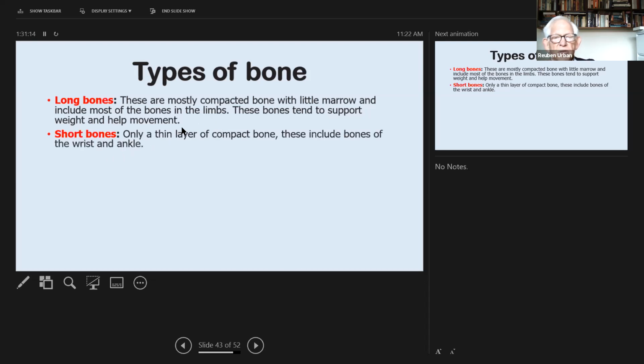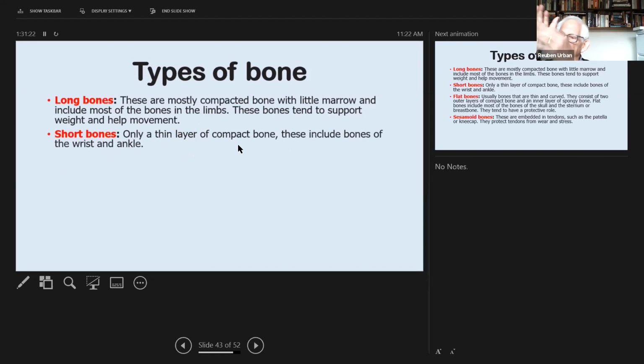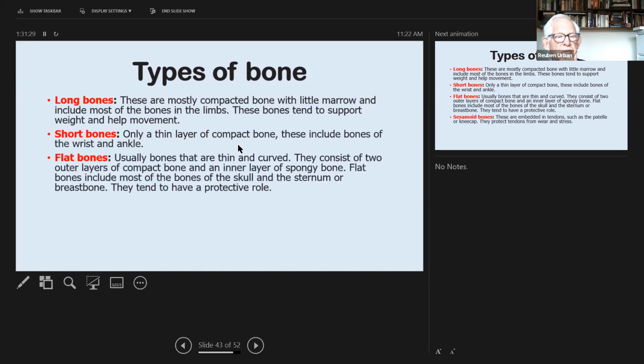The short bones have a thin layer of compact bone, in things like the ankle and the wrist, where there are many, many small bones: the carpals, the metacarpals, and in the feet the tarsals and the metatarsals. You get flat bones, which are thin and curved, and they have an inner layer of spongy bone. So things like the skull and the sternum, and they're protective.